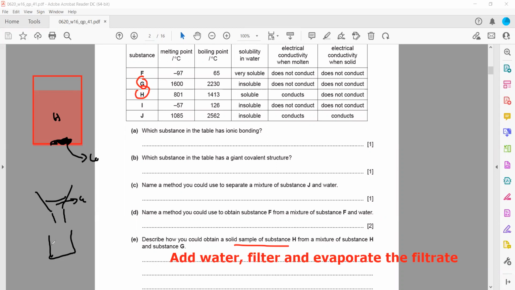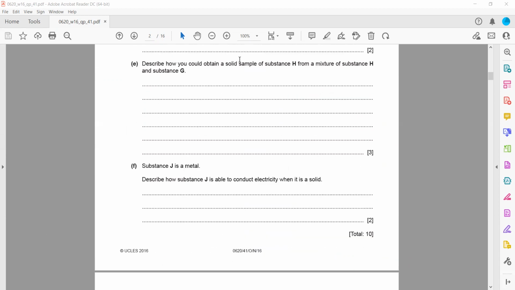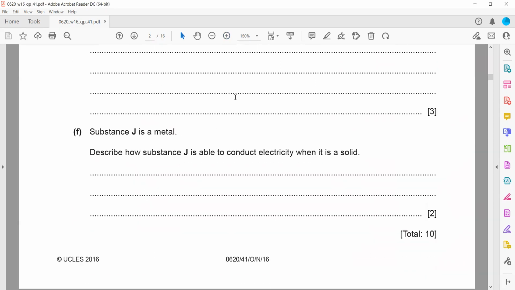The substance J is a metal. Describe how substance J is able to conduct electricity when in solid. So how are metals able to conduct electricity? Because metals have free electrons. Metals have a giant lattice of positive ions and free electrons, and these electrons are free to move.